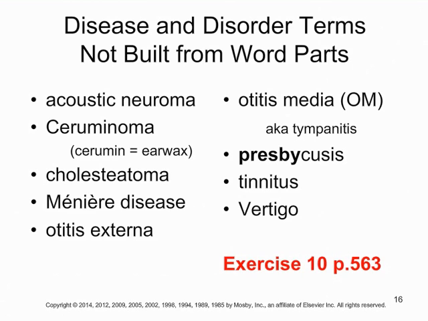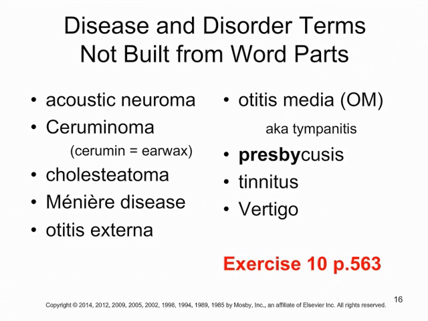So in this case, it is a tumor on the acoustic nerve, which is the cranial nerve that helps to transmit sounds to the ear. And therefore, having a tumor in that area could lead to hearing loss or hearing damage. A ceruminoma is also a tumor, in this case on the gland that secretes cerumen. If you remember, cerumen is earwax.